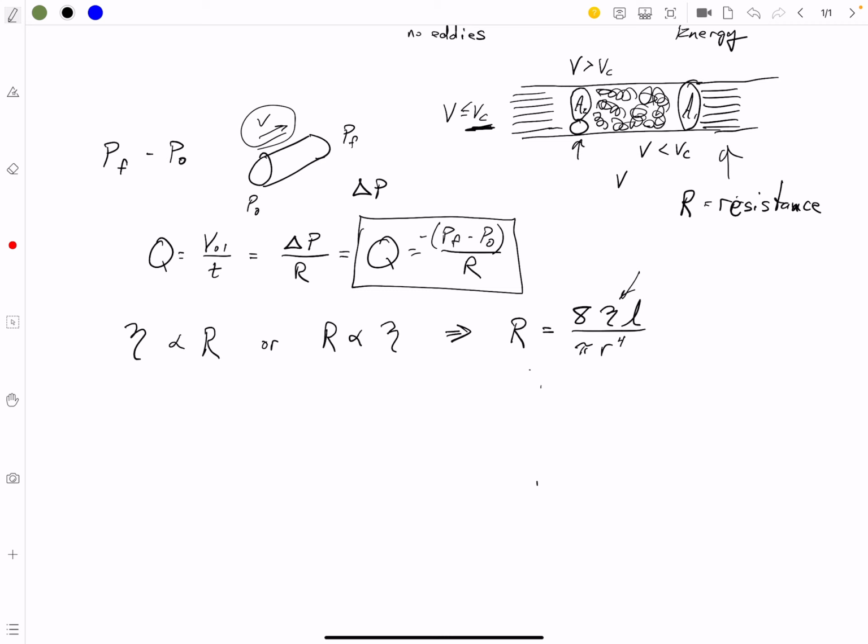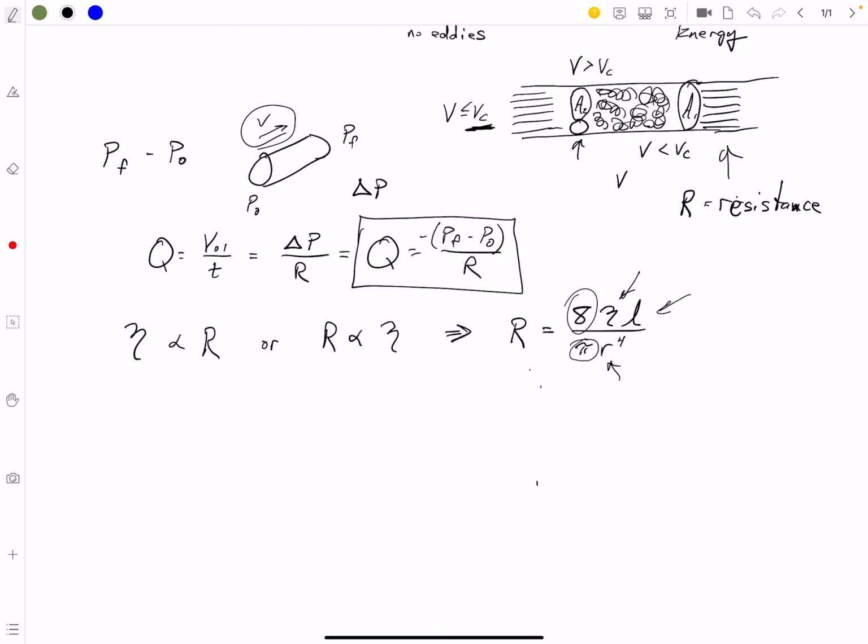We measured all of our pipes, and we found the radius of all the pipes, and of course we learned about 8 in like second grade and pi in 5th grade. So all in all, we can do this. We figure out our resistivity, and it all kind of hangs together.